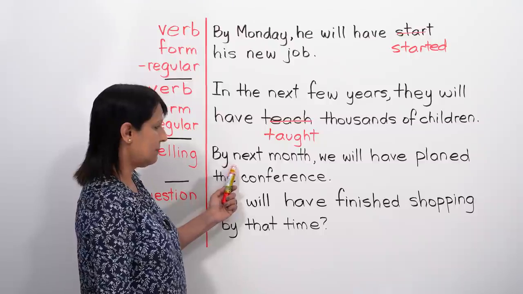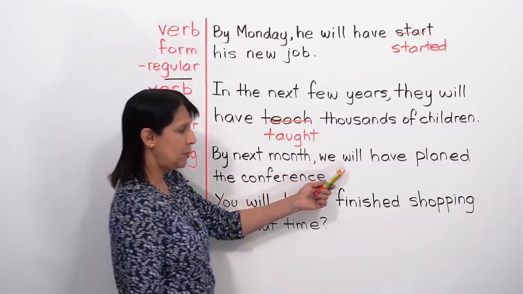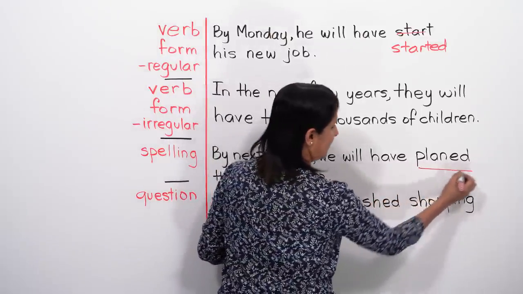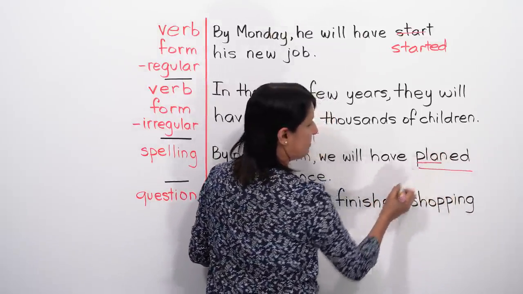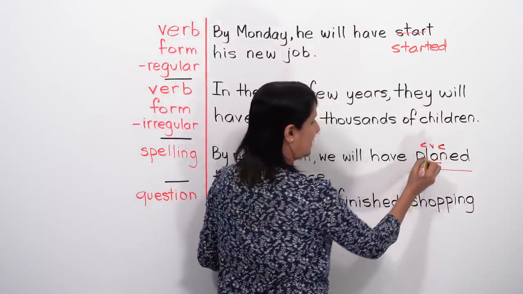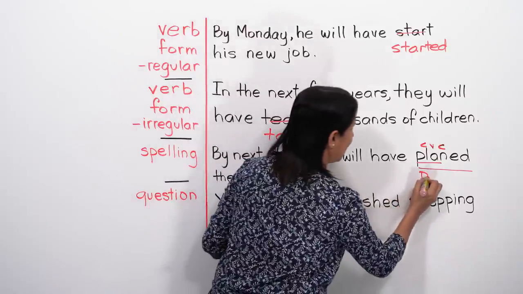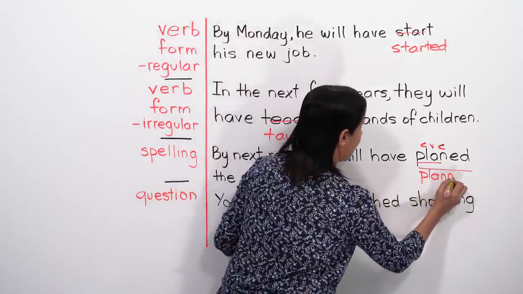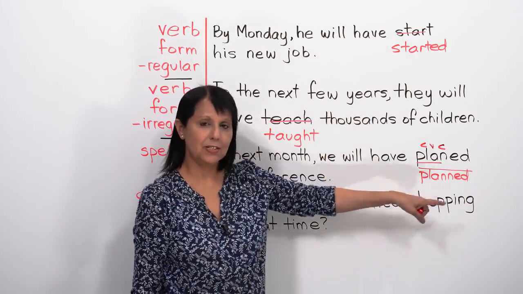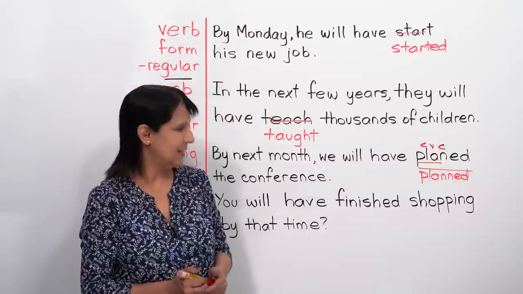So let's look carefully. By next month, we will have, oops, that's wrong. Look, the verb is plan, right? So there's C, V, C, right? So it should be planned, right? In this case, we needed to double the last letter.